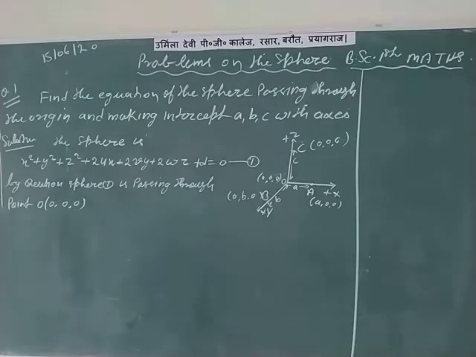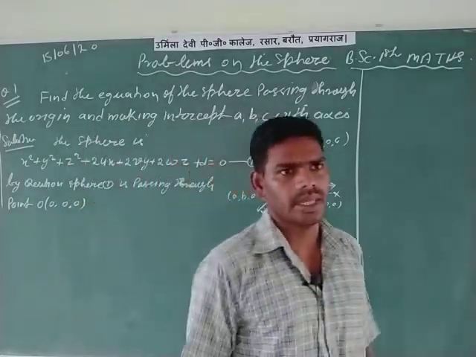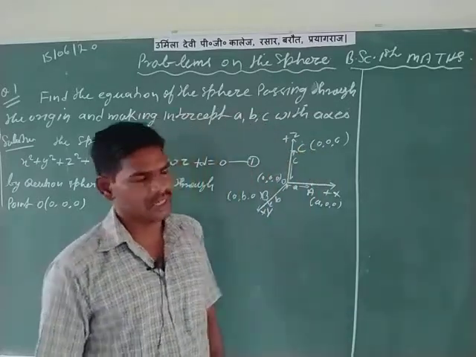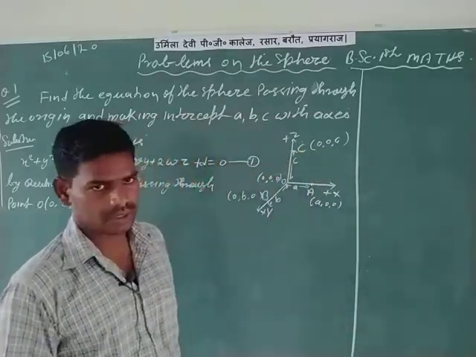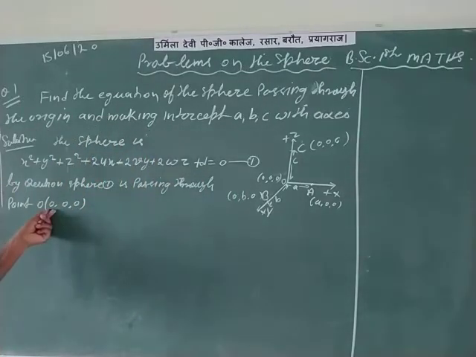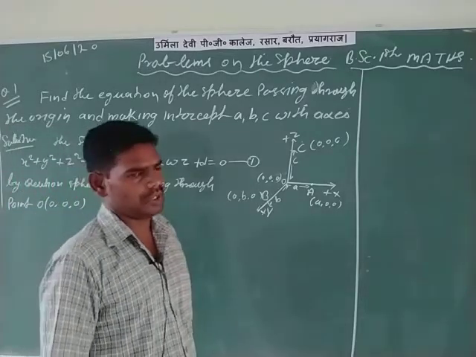You know that if any equation passes through any point, then all the coordinates x, y and z must satisfy the given equation. Therefore, put x is equal to 0, y is equal to 0, and at last z is equal to 0.